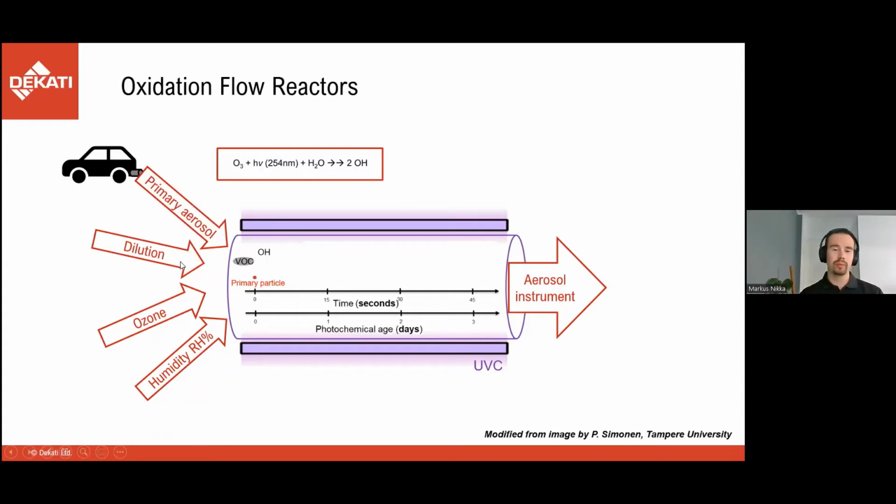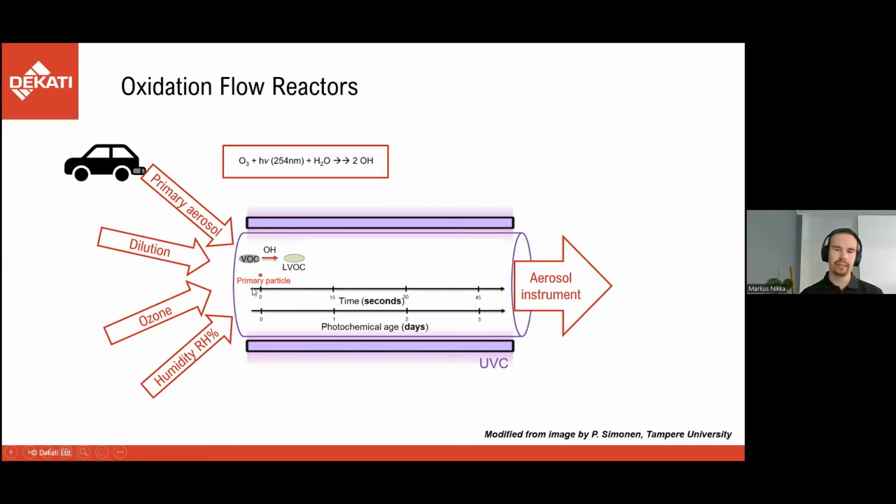So when the exhaust emission and the other components are introduced to the chamber, we have the primary particles present, the hydroxyl radicals, and, for example, volatile organic compounds.